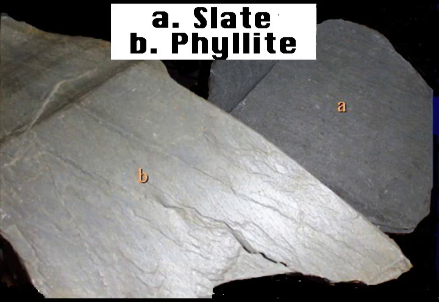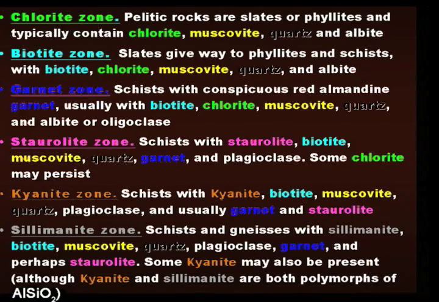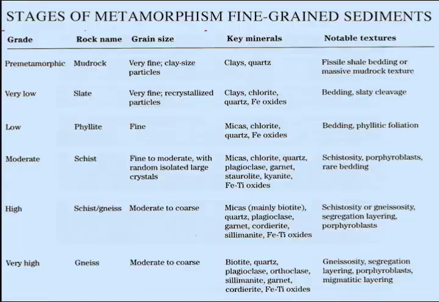This colorful chart lists the minerals in sedimentary rocks that characterize 6 stages of metamorphism, while this one offers the same information but is easier to read and, more to the point, gives the names of the rocks that together represent the gamut of the zone.